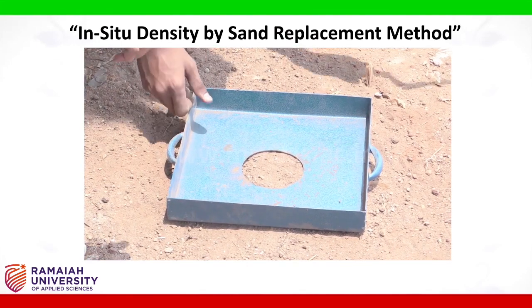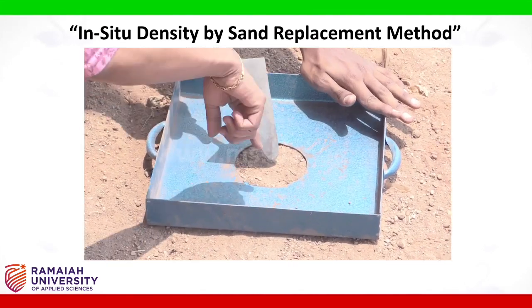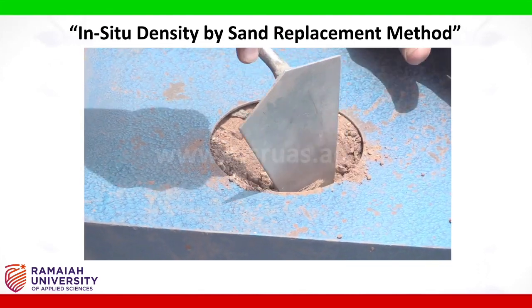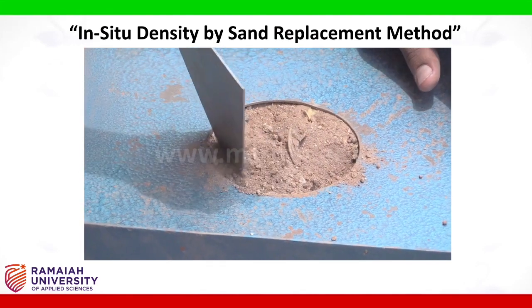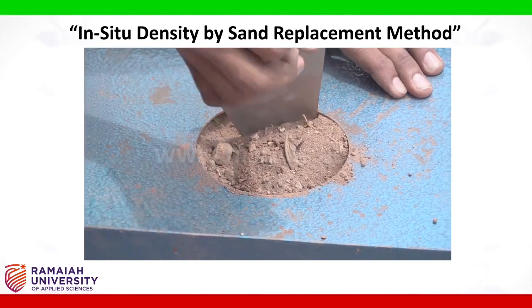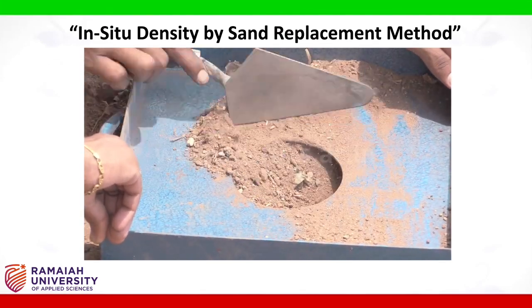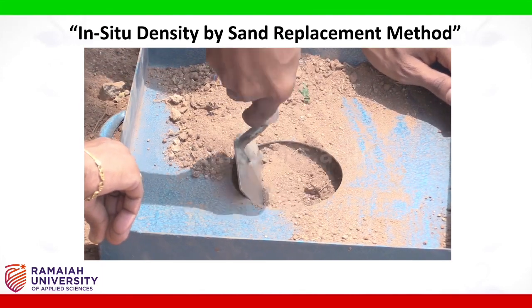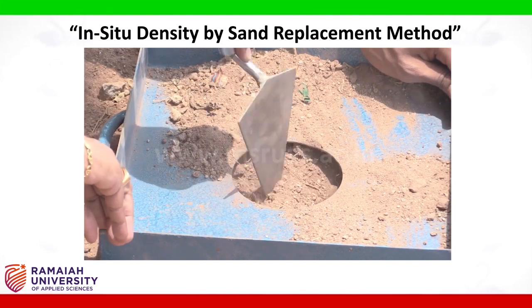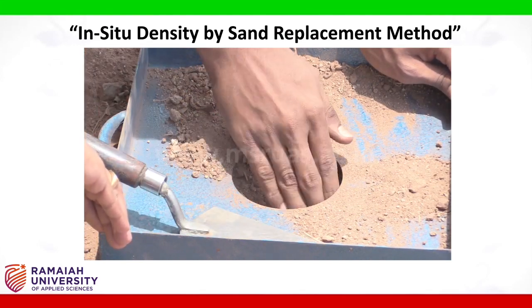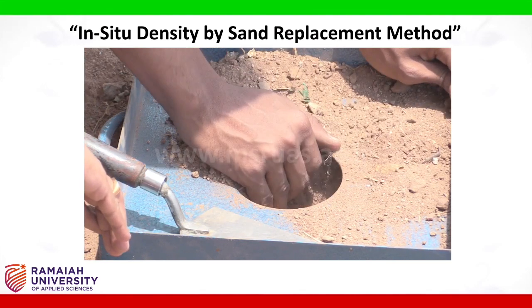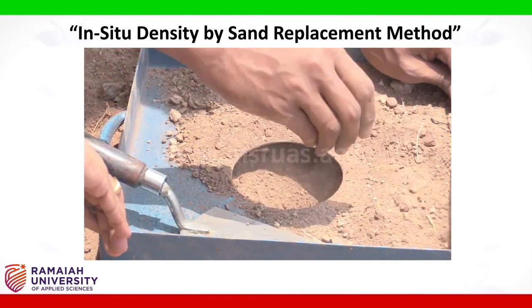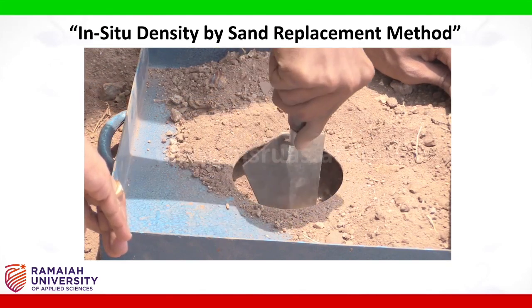After placing it, dig a hole in such a way that the diameter of the hole is equal to the diameter of the hole in the tray, and collect all the soil sample from the hole to the tray itself. The hole should be dug up to a depth of 15 centimeter, which is equal to the height of the calibrating container. Care should be taken not to lose any soil sample from the hole.